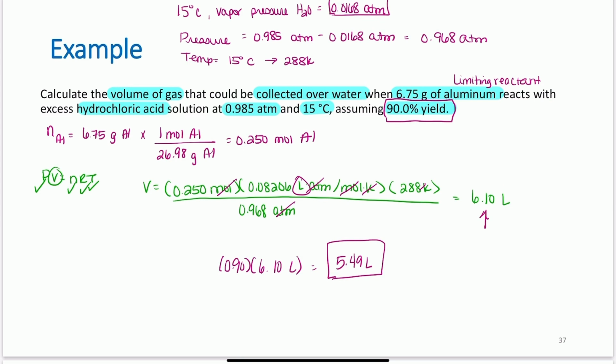So the volume collected over water would be 5.49 liters. And what gas are you actually collecting here? Hopefully you guys recognize that too. You are collecting H2 gas.